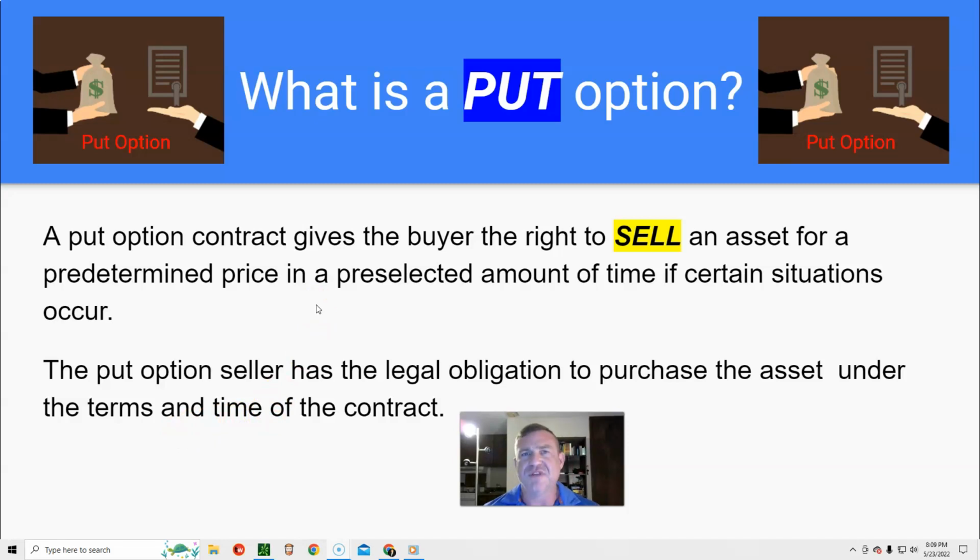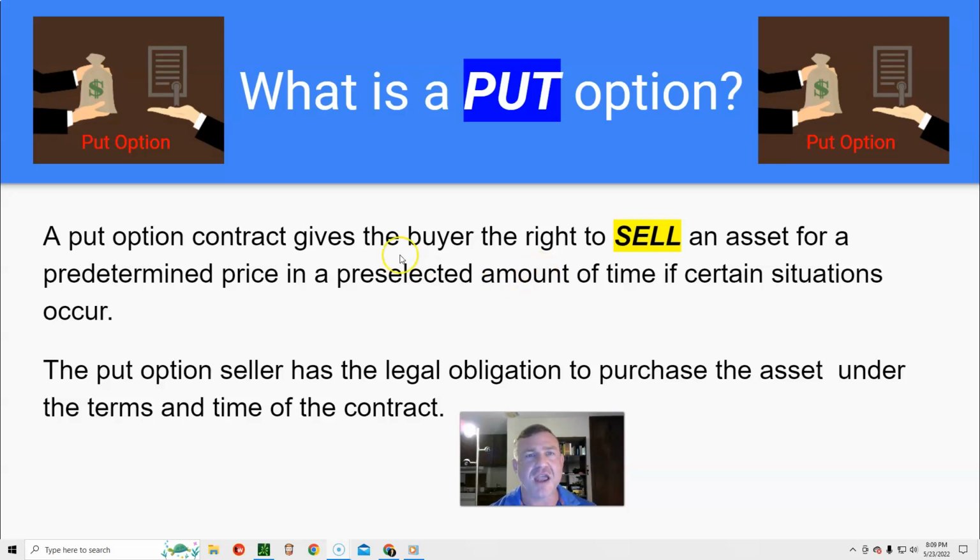What would be an example of this? Let's say you owned 100 shares of ABC stock that you bought at $5 per share. Right now, May 2022, the market's been going down. You're concerned that your stock might go down. So you decide to buy an insurance policy for your 100 shares of stock.